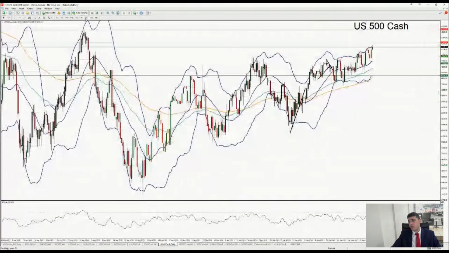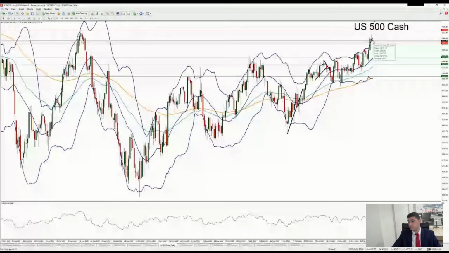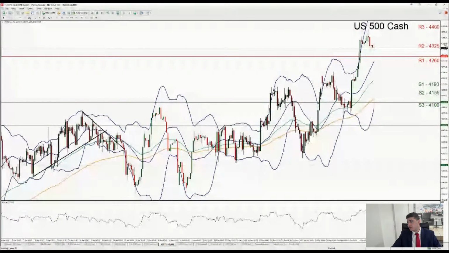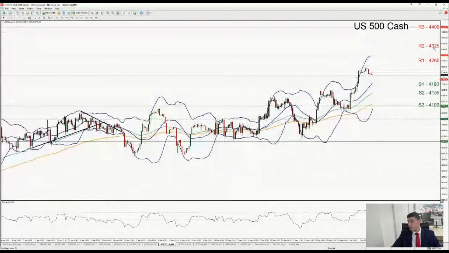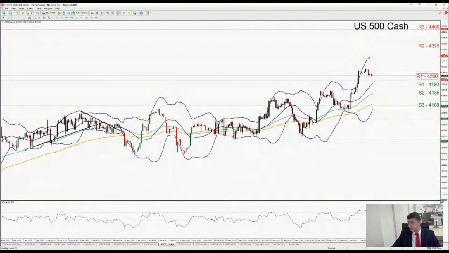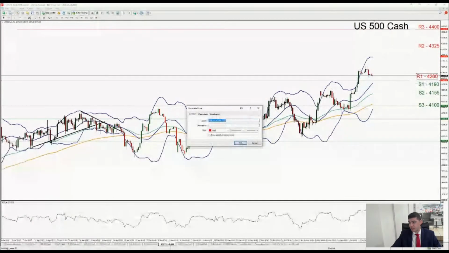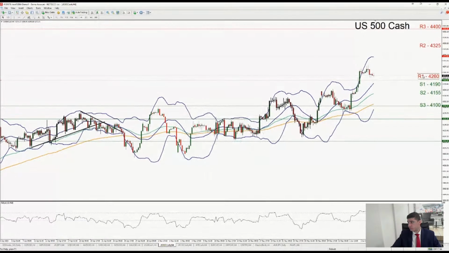The S&P 500, on the other hand, appears to be moving in a downwards fashion. As of earlier today, it appeared to be moving in a relatively stable motion, yet it appears that it has now changed. So R1 having broken before, it will become S1, resistance now to support.